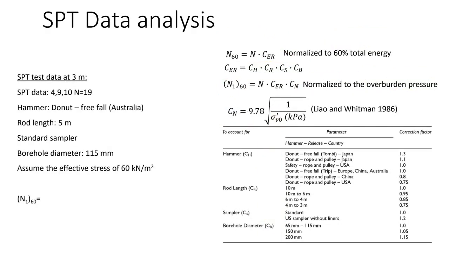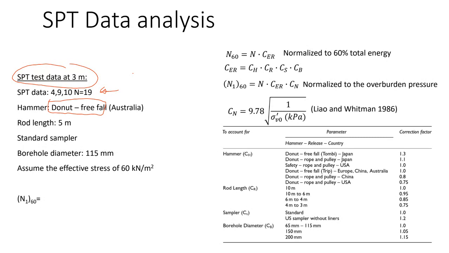So let's assume that there was an SPT test conducted at 3 meters. When we conducted this test, the following data was obtained. This is something that you will get from the borehole log: 9, 10 and equal 19. Let's say it was done in New South Wales, they use a donut type hammer with free fall, which is commonly used in Australia.